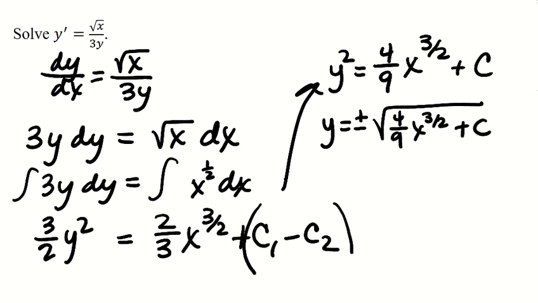And if c1 and c2 are any real numbers, then their difference could also be any real number. So we just call that our general plus c. It's part of the reason why we just don't do much arithmetic or algebra with the plus c. And again, I promise you, the more you do this, the more comfortable you'll get with working with plus c, but not doing too much with it.